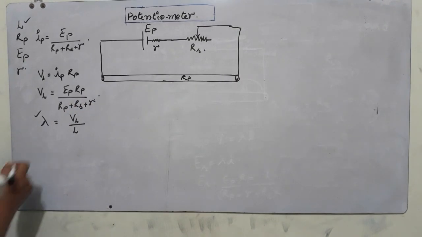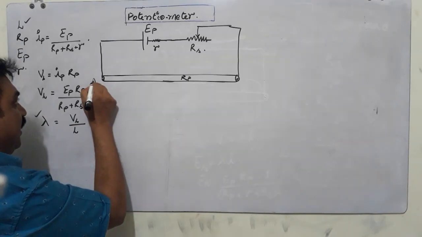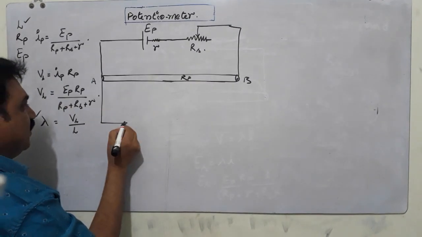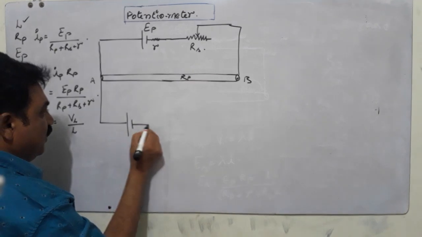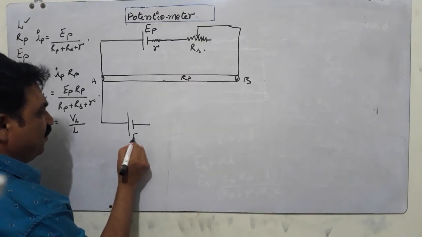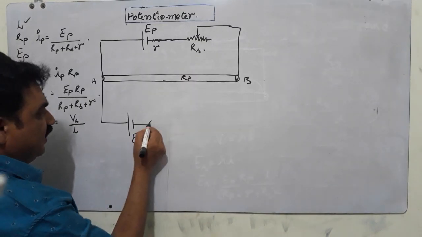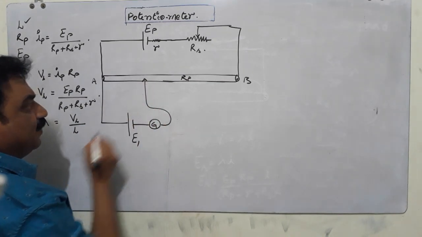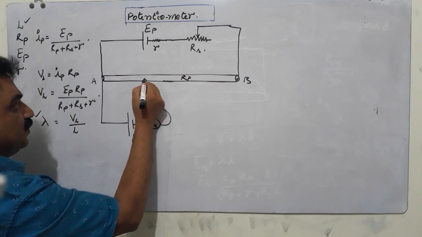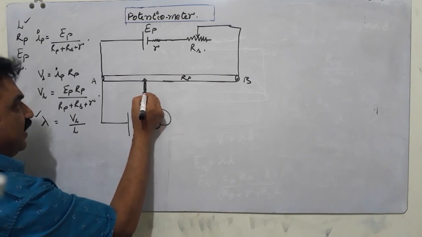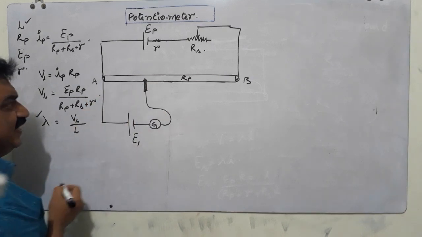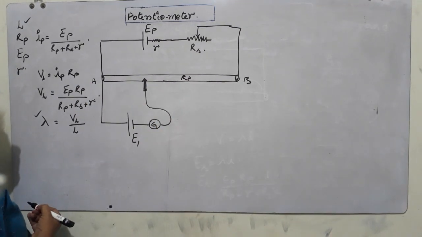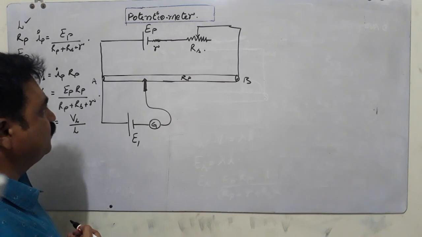And here the end A of the wire is connected to a cell of EMF E1 with the help of a galvanometer and to a jockey. It is a hard metal device which can be slid on this potentiometer wire.